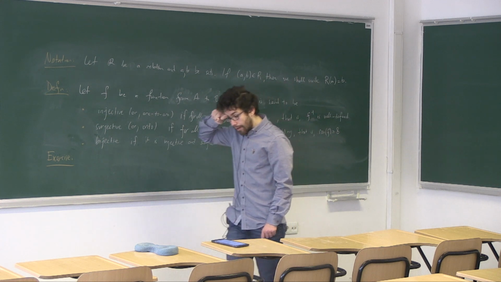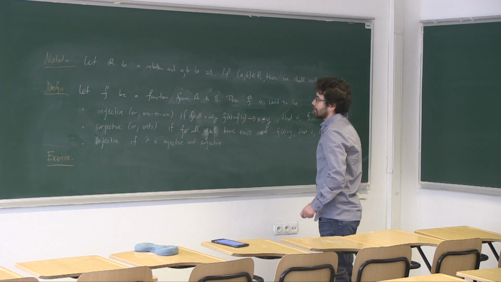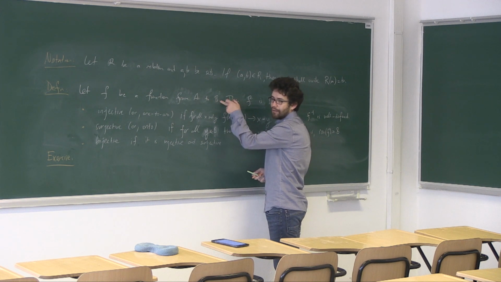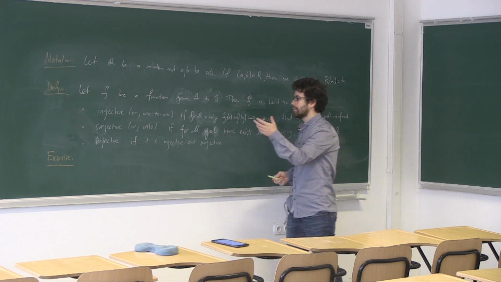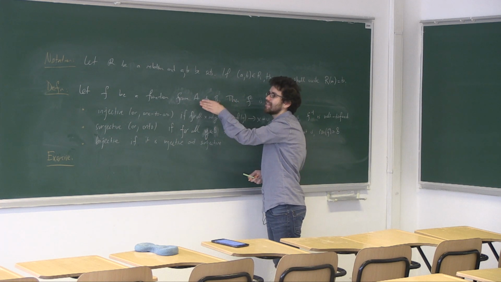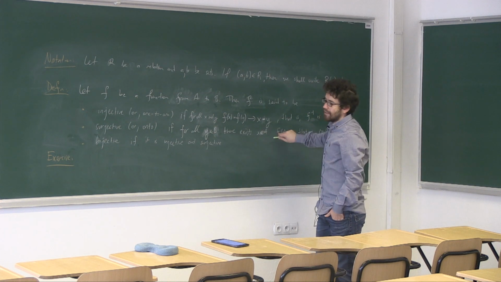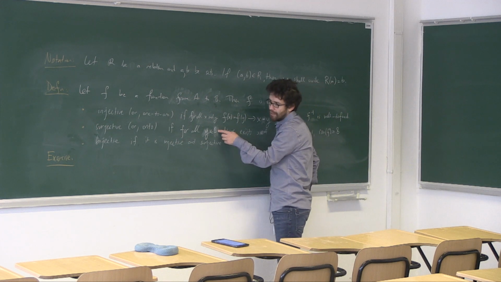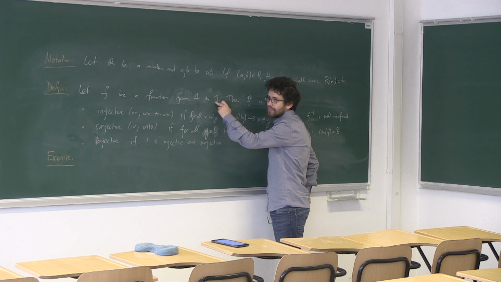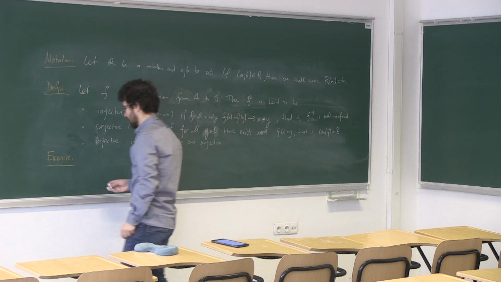Now, if you read this definition, you'll see that this property has nothing to do with A and B. Okay, it somehow depends on A, but it actually doesn't depend on these two, okay? But this property depends on A and B. More importantly, it depends on B, okay? When you talk about injectivity, to which set you go is not important, but when you talk about surjectivity, it does. So show the following.